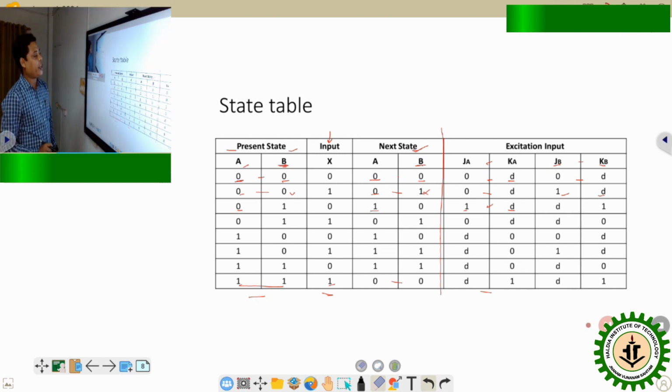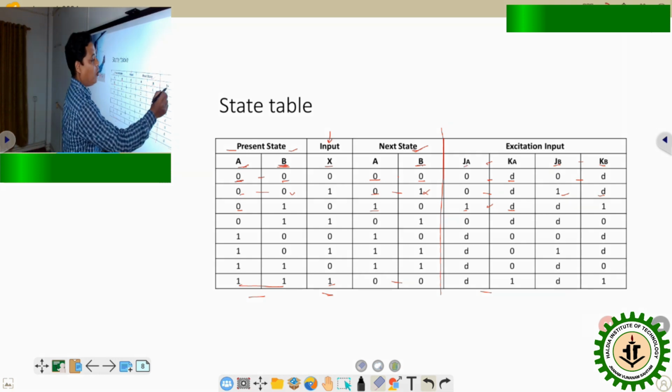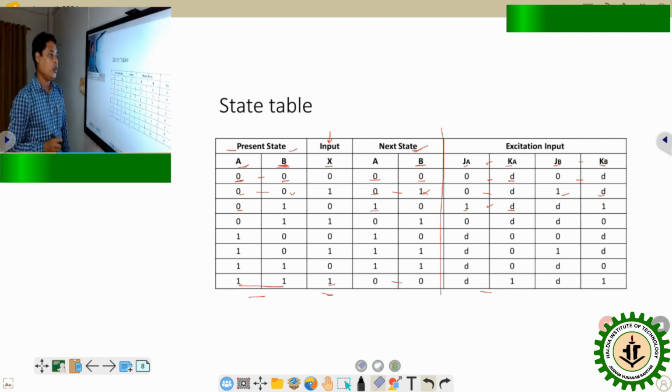By using Karnaugh map, we can easily find out the equations, considering present state A, present state B and input X as input to the circuit, and JA, KA, JB or KB as the output. So it will be a 3 variable Karnaugh map. By using the 3 variable Karnaugh map process, we can obtain the equation for all these 4 excitation inputs.